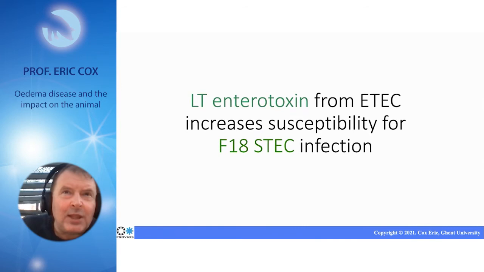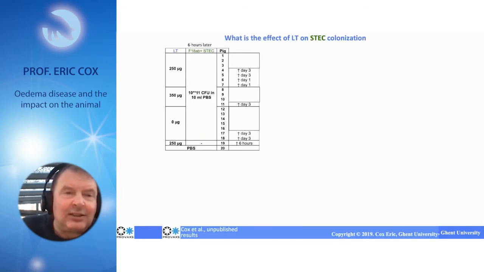coli strain. And so we did some experiments, and came to the setup that we injected the piglets in the intestine with the LT enterotoxin that is causing secretion. And we tested different dosages and chose a dose that just dilutes the mucus layer.